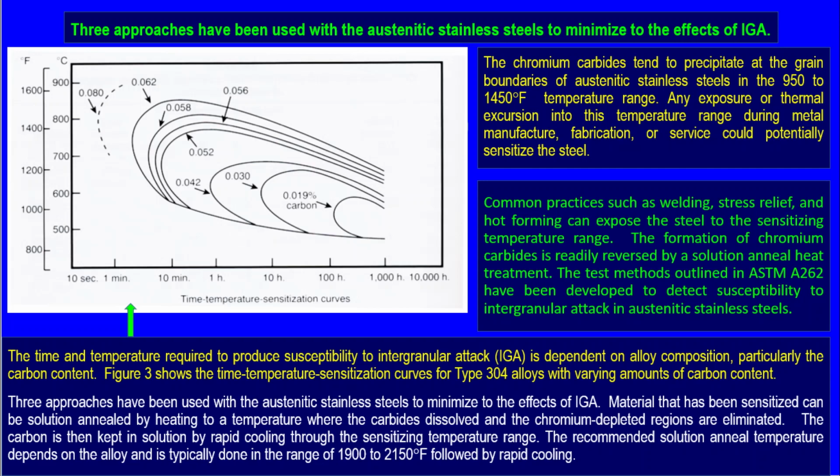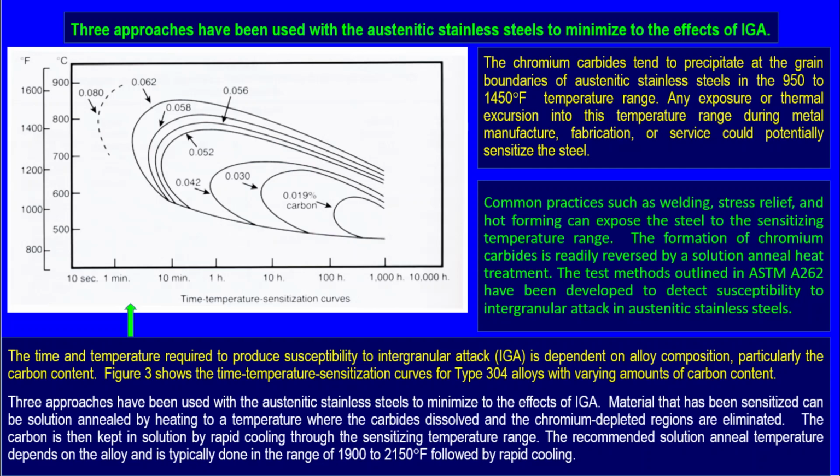Any exposure or thermal excursion into this temperature range during metal manufacture, fabrication, welding or any other service could potentially sensitize the steel. Common practices such as welding, stress relief, and hot forming can expose the steel to the sensitizing temperature range. The formation of chromium carbides is readily reversed by a solution annealing heat treatment.